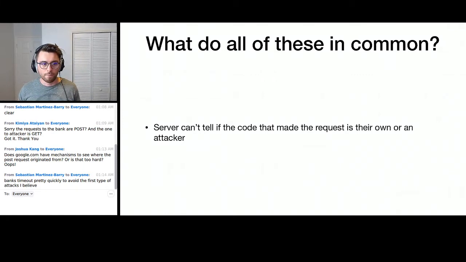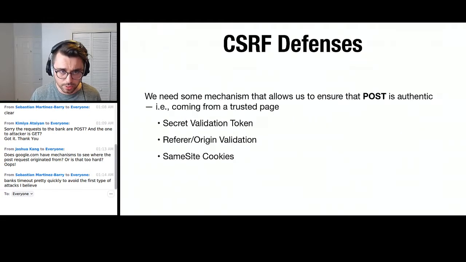Okay, so before we talk about defenses, the thing I want to stress is that what these things have in common is that the server can't tell who's actually making the request. Is it their own code running in your browser, or is it the attacker? And if you can't distinguish between the two, it gets hard to figure out whether or not you should be performing a particular action, like transferring funds.